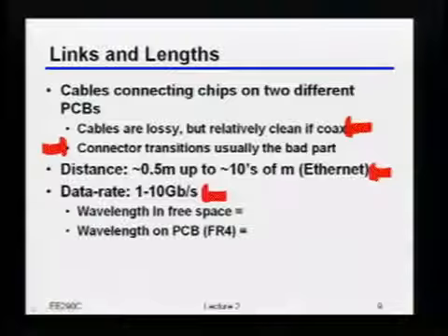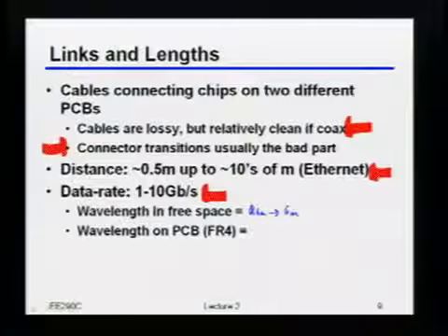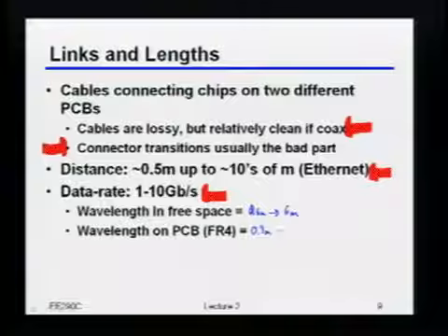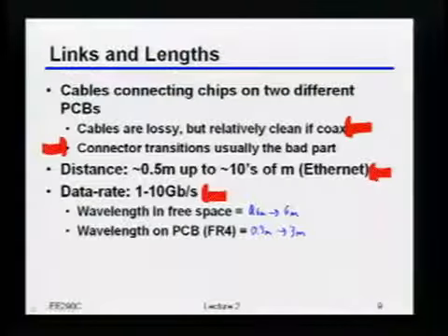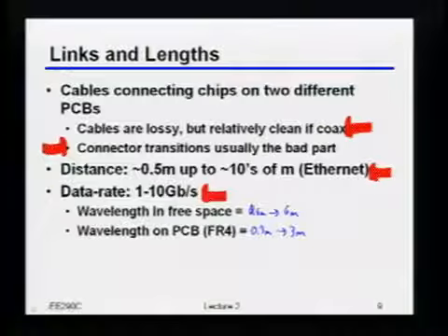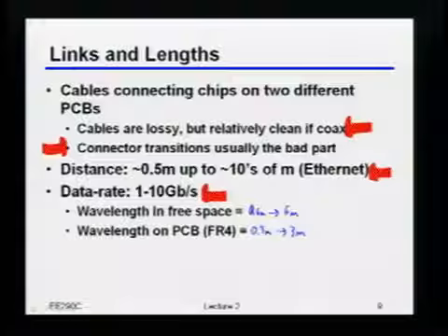I did the calculation, and it was about 0.6 meters up to about 6 meters here. And then, obviously, if you're on the board, it's about 0.3 meters to about 3 meters or so. So again, clearly pretty distributed. You could maybe argue that down at a gigabit per second, if only going half a meter, that's not such a big deal, but that's the ballpark we're talking about.